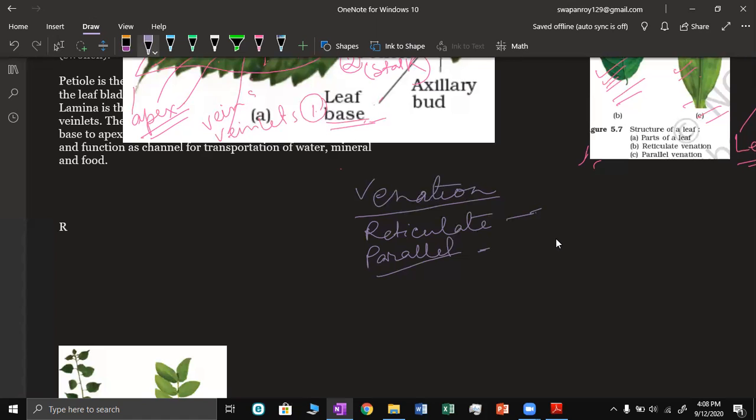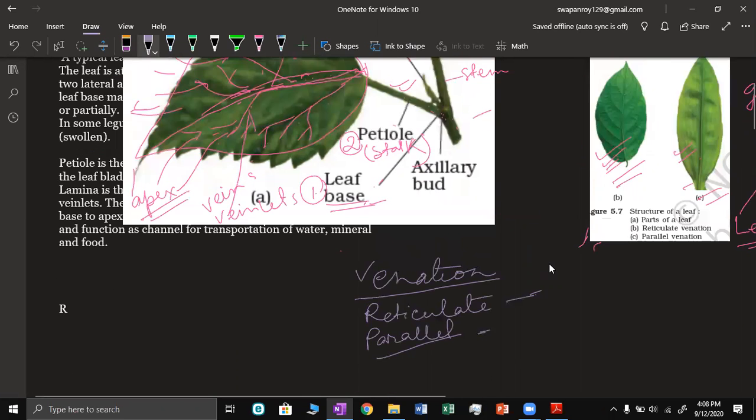This way, by observing a leaf, we can tell that the plant is dicotyledonous or monocotyledonous. That can be easily identified.